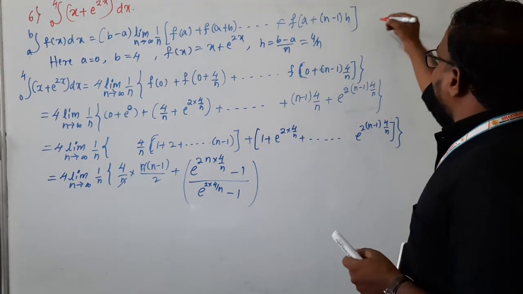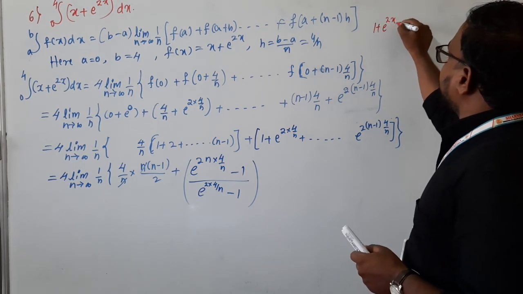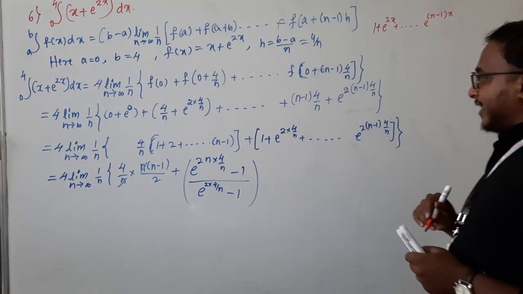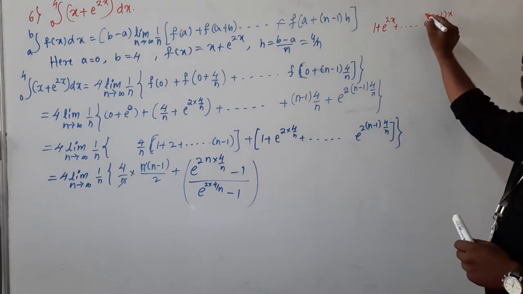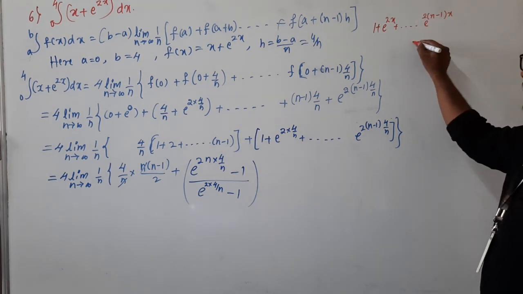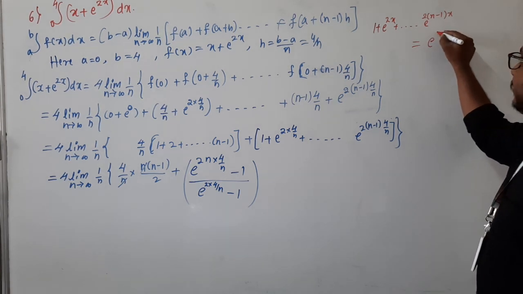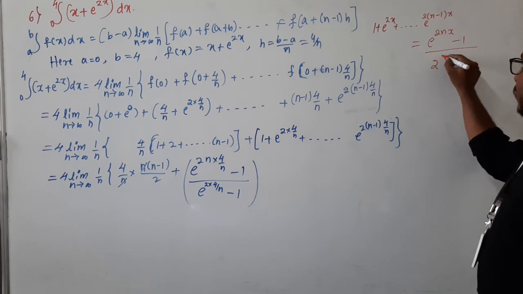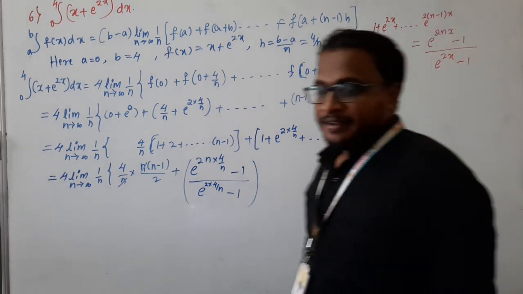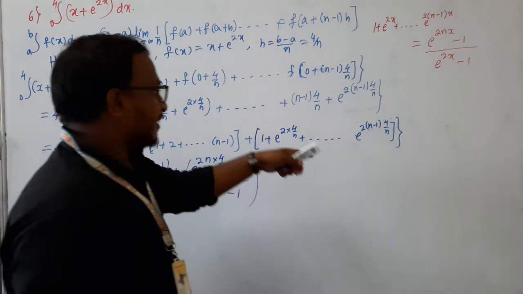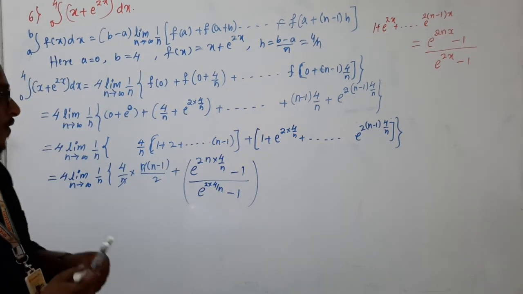This is the formula of 1 plus e to the power 2x plus 1 up to e to the power 2 into n minus 1 x, which is equal to e to the power 2nx minus 1 divided by e to the power 2x minus 1. This is the formula. Here x means 4 by n.